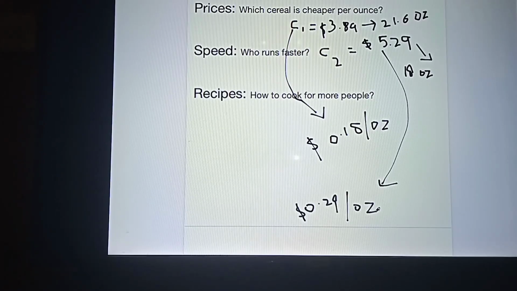So in this case, this one is better value because the cost per ounce is lower. So we will try to buy this type of cereal.